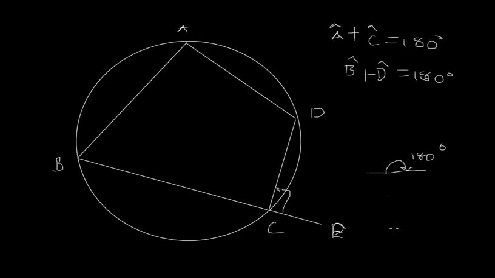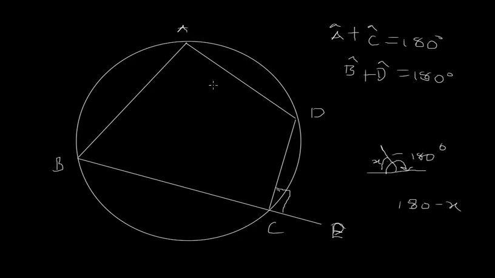So if we remove part of a straight line, let's say this is x, what we remain with on the other side is 180 minus x. Am I right? Because we've removed x from 180, so the remaining part is 180 minus x.